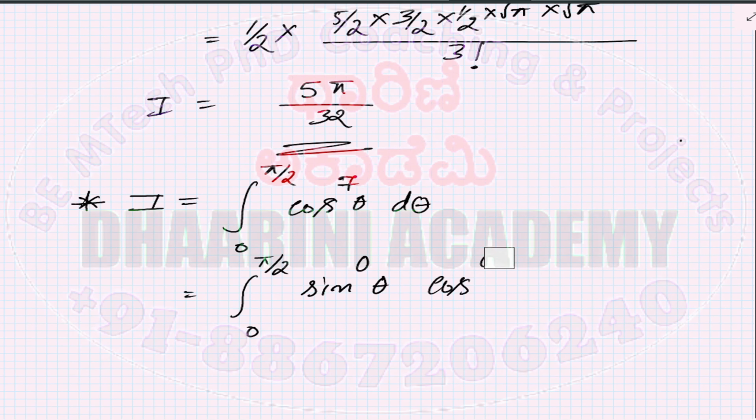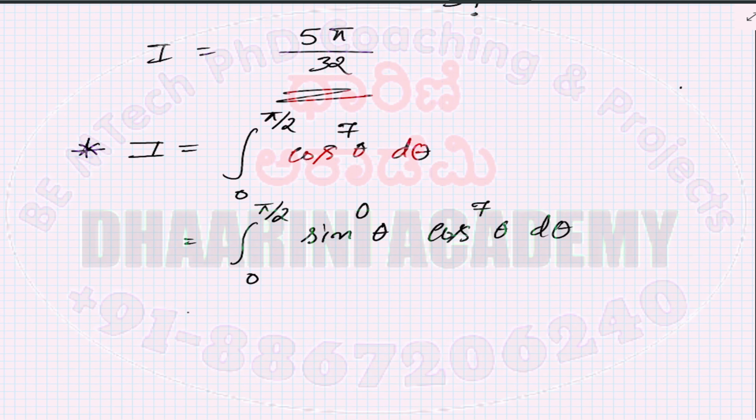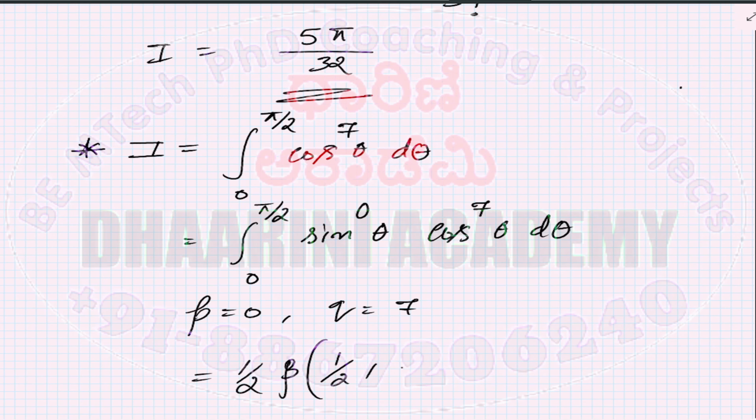Alright, so because of that, this is equal to cos to the 7 theta d theta. So this means P is equal to 0, Q is equal to 7. So the given thing becomes equal to half of beta of (0 plus 1) by 2, that is 1 by 2, comma (7 plus 1) by 2, that is 4.